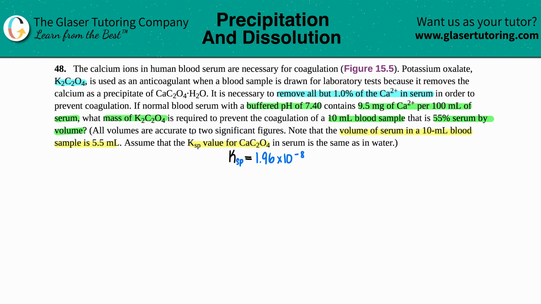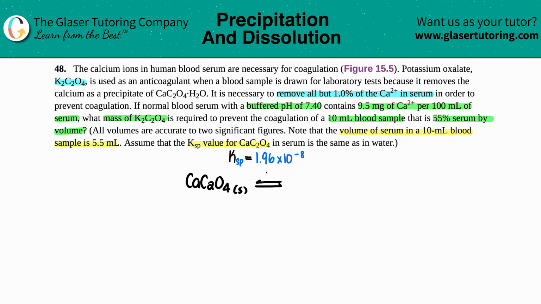Now, remember, if we're finding out solubility or precipitation, right, we're talking about precipitates, maybe we should just write out the equation for the calcium oxalate and put it on the back burner. So we have calcium oxalate, CaC2O4. That's the solid.